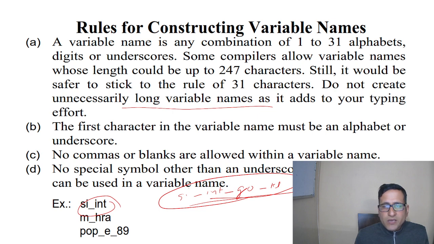We should take variable names as small as K. If we want to write the simple interest, we should use SI. If we want to name the principal, we will write PR. This is better than writing something like principal amount, which is an unnecessary exercise. So we should prefer the short names.